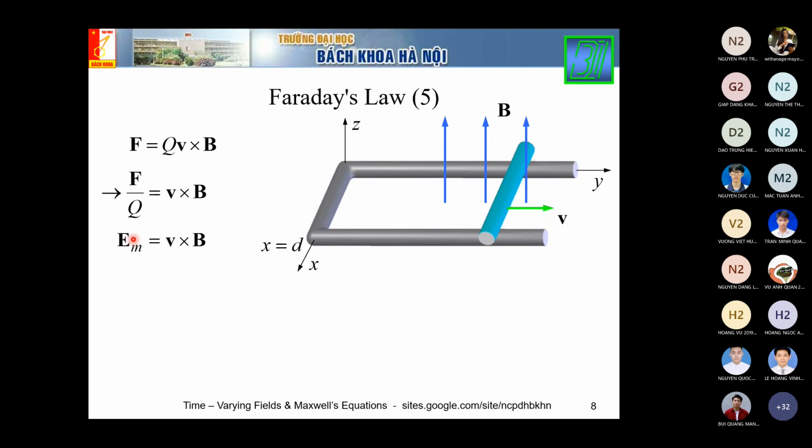This one is the electric field of a time varying field. So to distinguish between them, we add an index to this E, E_m. M here stands for motional, meaning that we are talking about the induced electric field created by something moving. In this case, it is the charges.